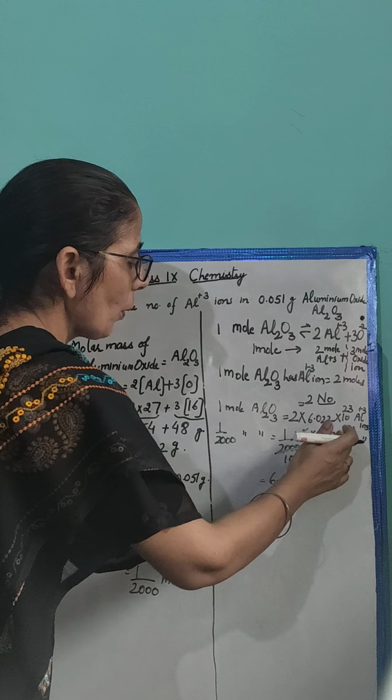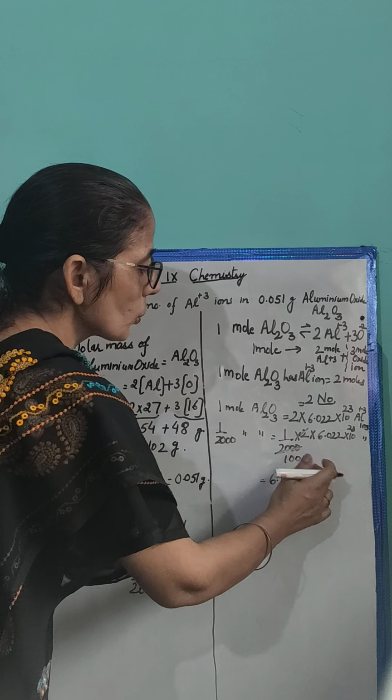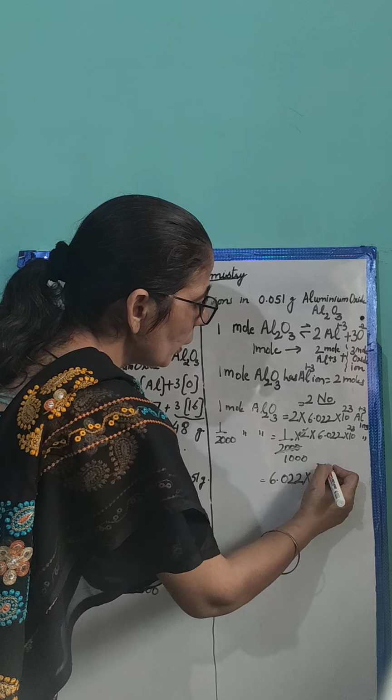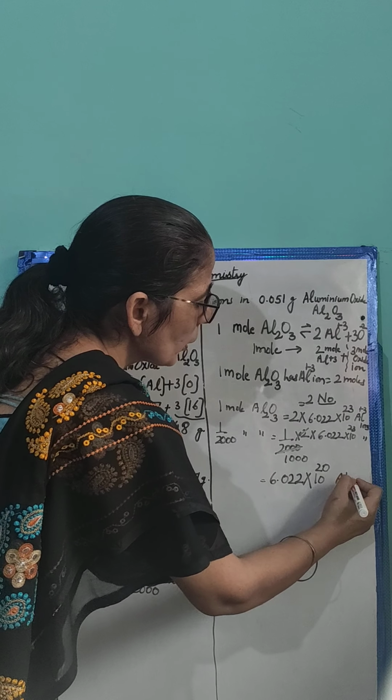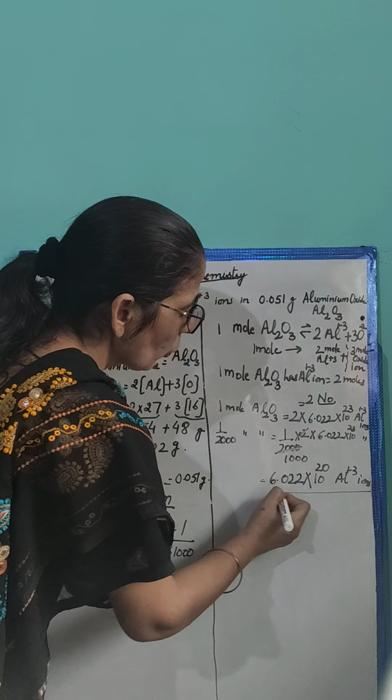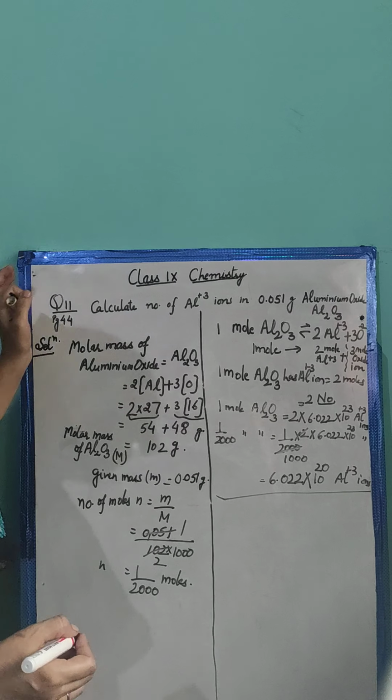So 6.022 into 10 to the power 20 aluminium ions. I hope you have understood this question.